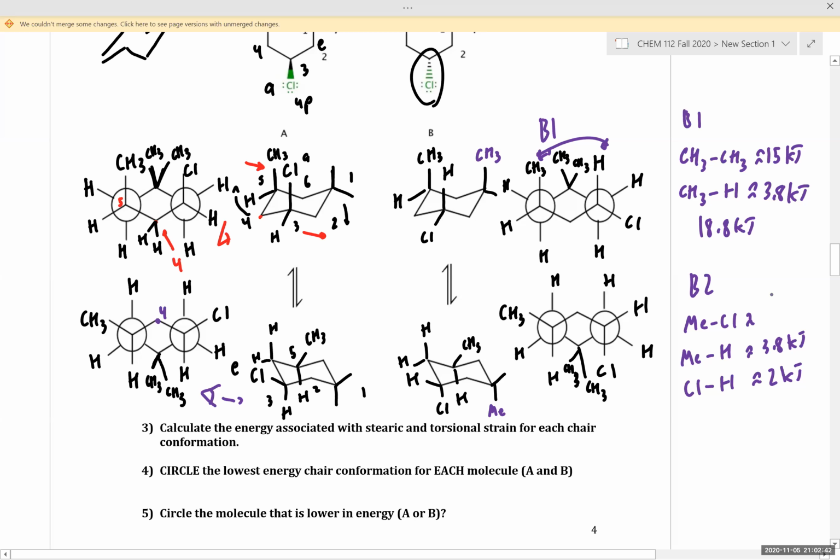And a methyl chlorine, would someone like to give a ballpark? What would be the rough amount of penalty for a methyl chlorine interaction if chlorine can be thought of very similar to a hydrogen, but a little bit more bulky?